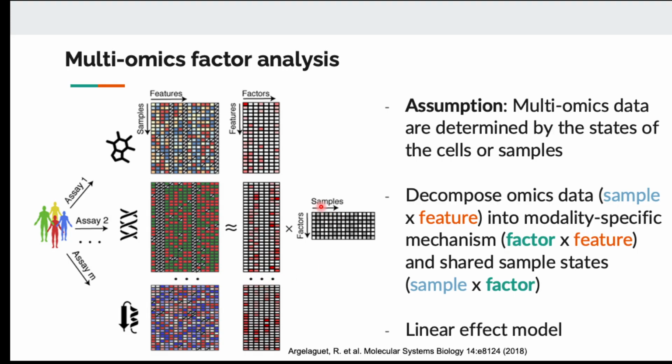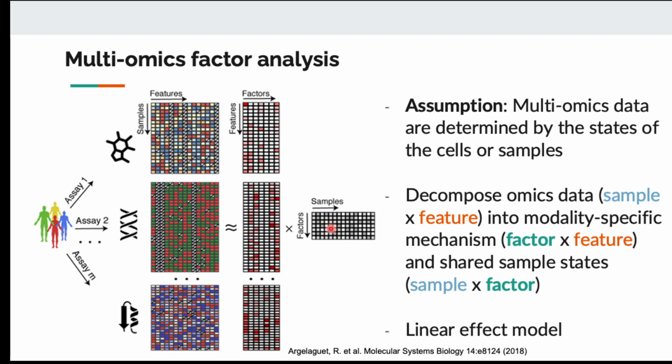For your sample, for your patient, you can collect the metadata, so you can generate this matrix, factor by sample. But what the statistical model wants to learn is, can we discover how different factors result in different omics measurements? Can we reconstruct these matrices, these three matrices, so that when we multiply each of them to our metadata, we can reproduce our omics data? If we can do this, then that means we can explain multi-omics for the same sample population based on their metadata.